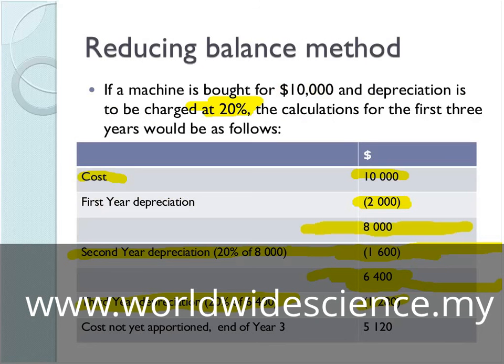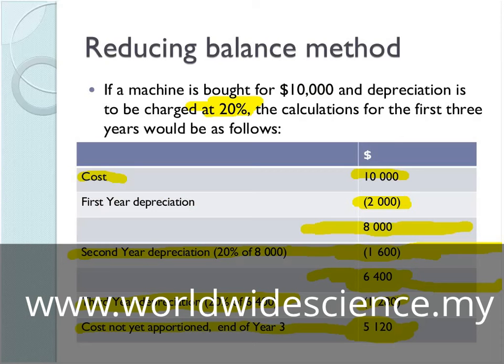And if you use the reducing balance method, this is good for companies which have been using the equipment for a long time, and of course the costing of the equipment is reducing every year. For example, in year number 3, you can show that your machine costing is only 5,180.